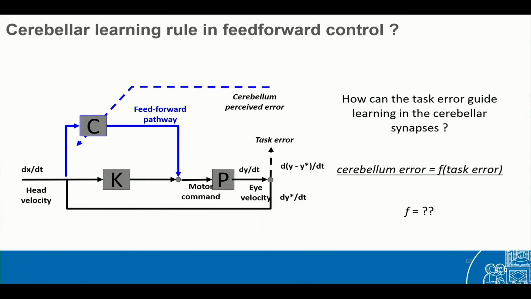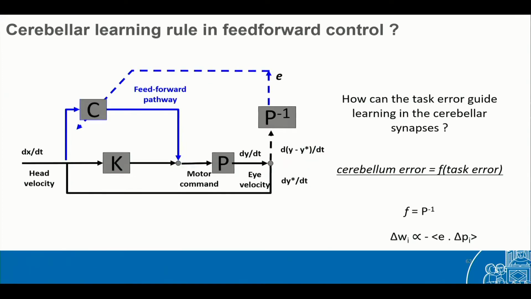So, what if we consider, for example, in this case, the feedback error learning controller? The problem is that there could be an issue because the head and the eye rotate on different planes. So the task error that you have in the eye, that you can feel through the vestibular system, you cannot directly use as feedback in order to guide the cerebellum.